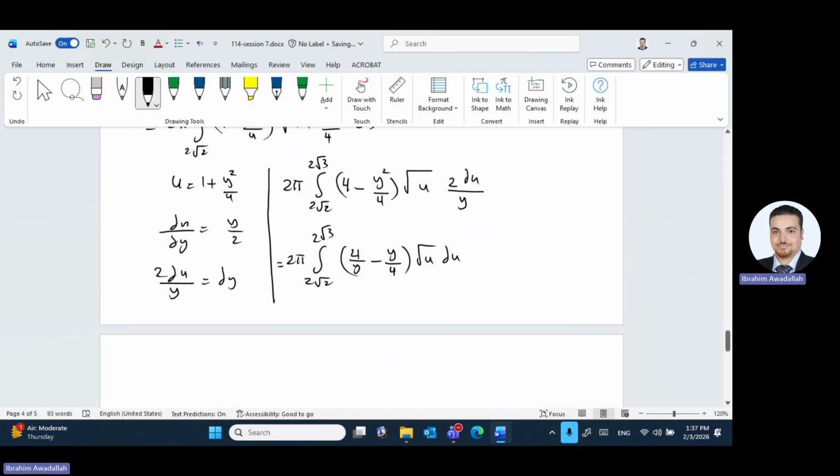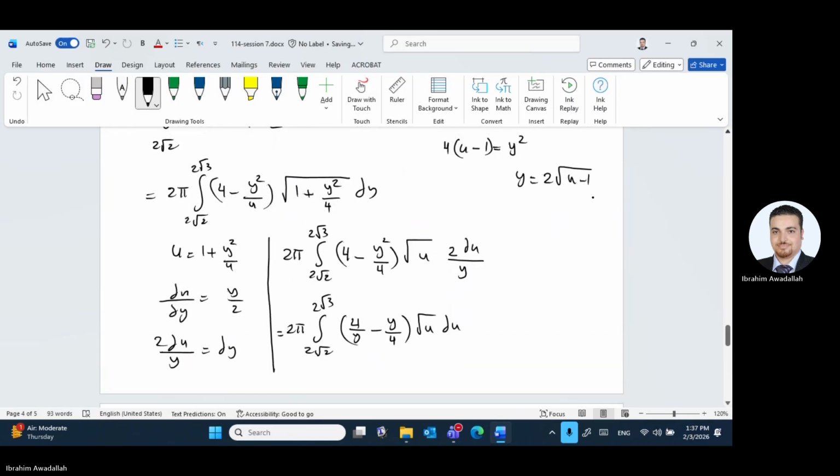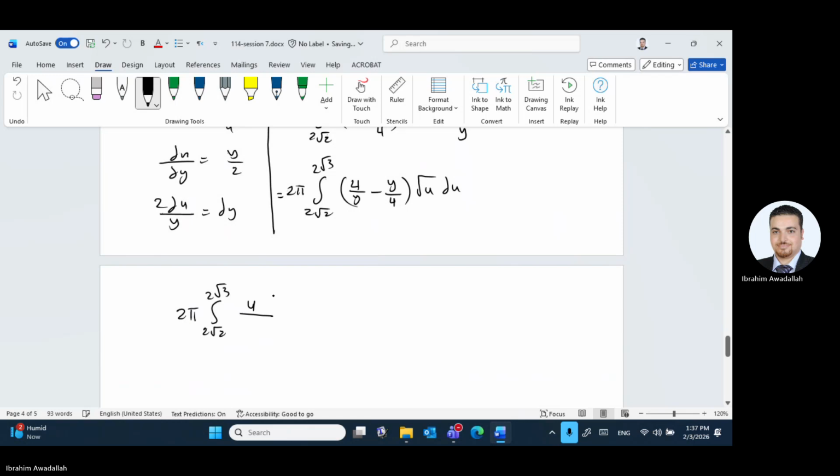So now we have 2 pi times the integration from 2 root of 2 to 2 root of 3, 4 divided by this amount, 2 root of u minus 1, minus 2 root of u minus 1, divided by 4, multiplied by root of u du.